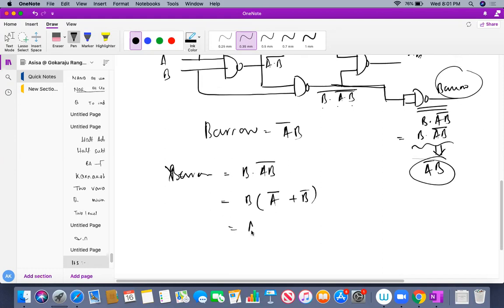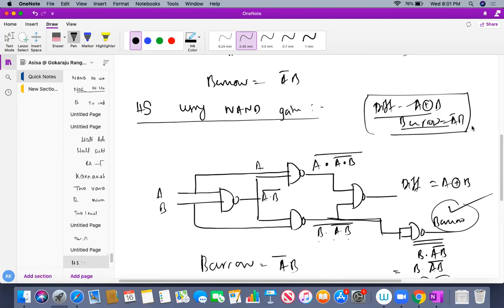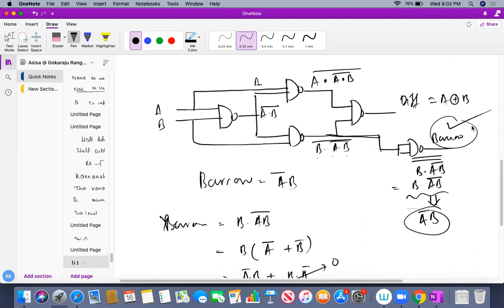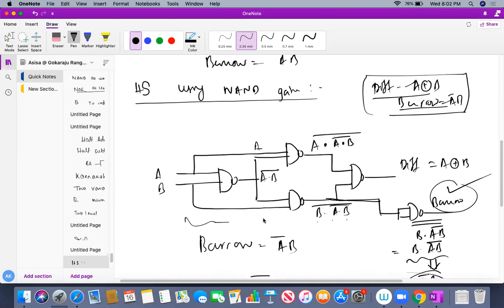So it will be A bar B or B and B bar. B and B bar, I know that it's a 0. So it is A bar B. Do you all understand? So this signal, finally, whatever I have got here, is the borrow signal. It is very simple. You can design a half subtractor using 5 NAND gates. So we require 5 NAND gates to design a half subtractor.